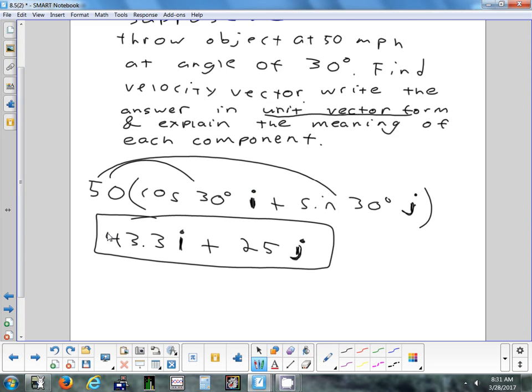And the last thing it says is to explain the meaning of each component. So what's the 43.3 mean in terms of this object actually traveling? So you're saying this is a distance? I mean, say what's the speed? The speed it went horizontally, yes.